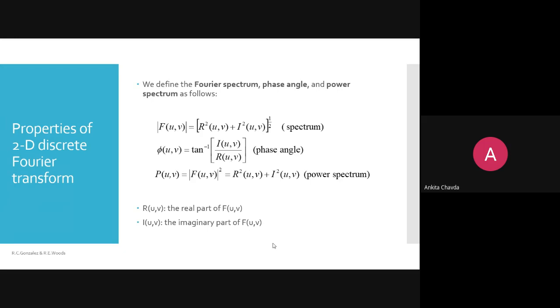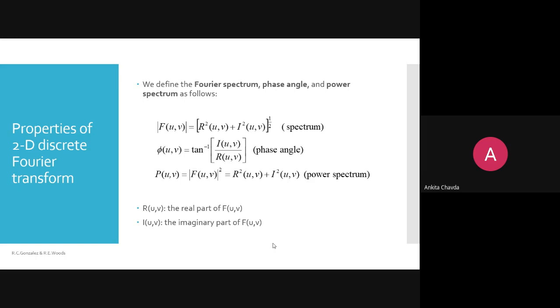Now, one of the reasons why you are using this: in the spatial domain, every time you apply a filter, you need to apply it on each and every pixel. So you have to use correlation and convolution.